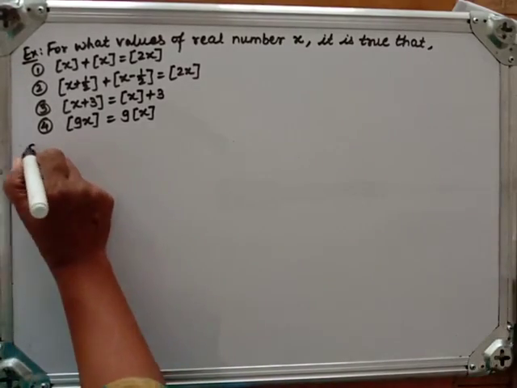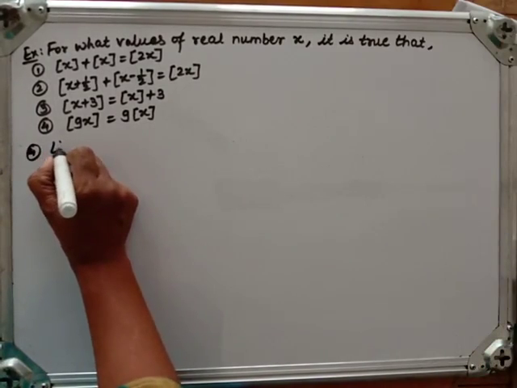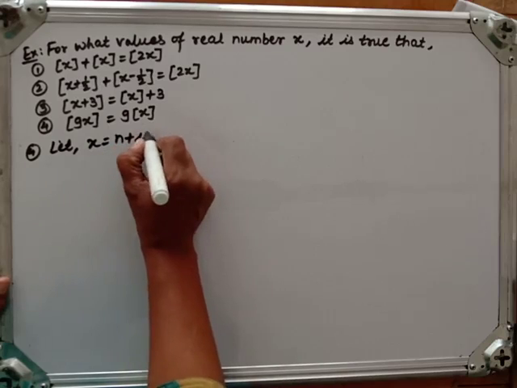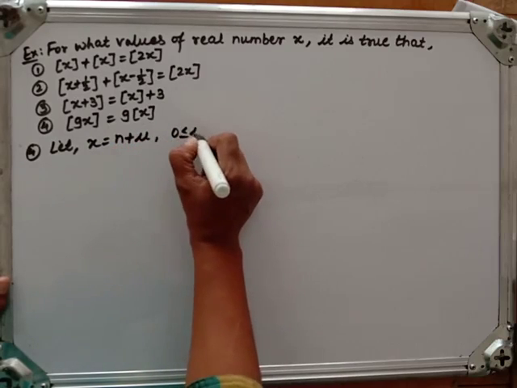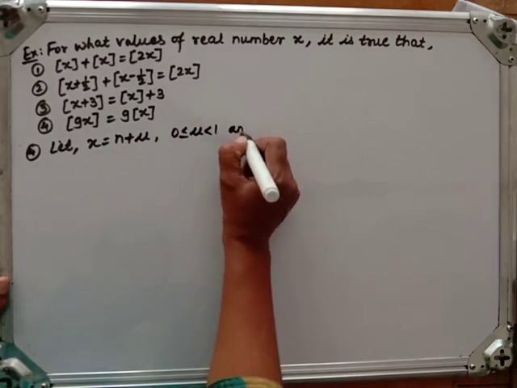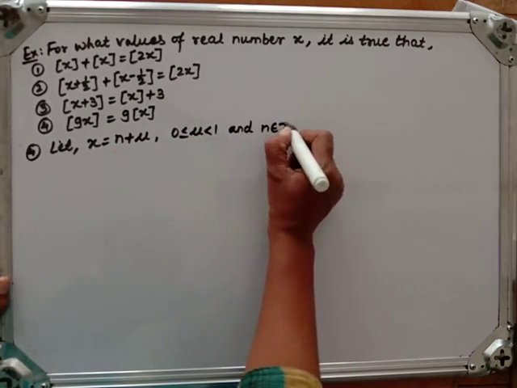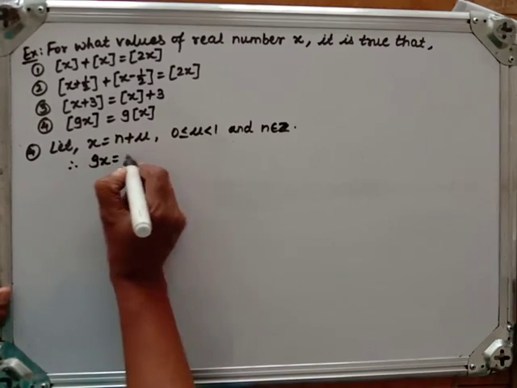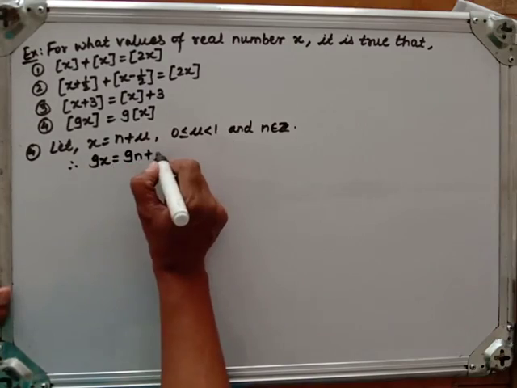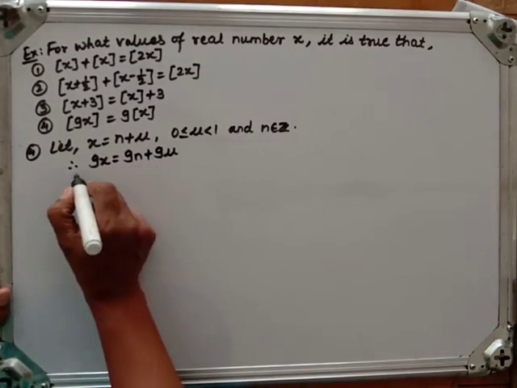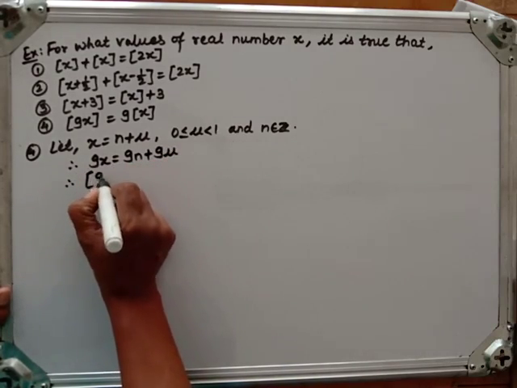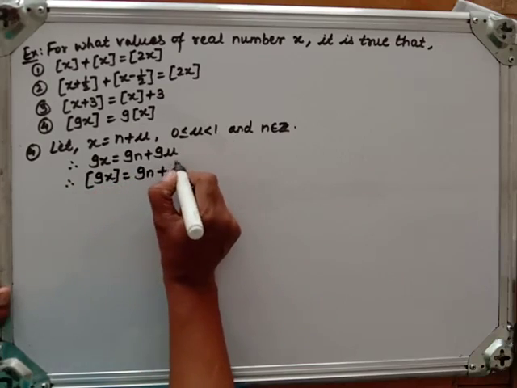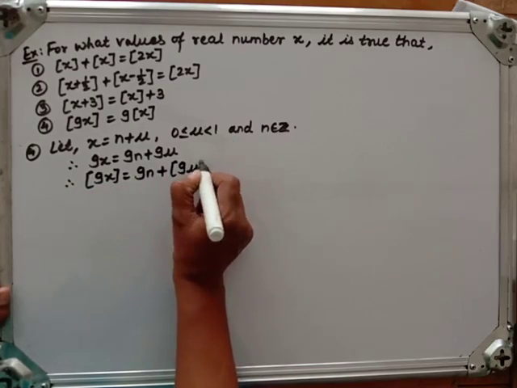Now let's take the next one. Fourth, let x is equal to n plus mu, 0 less equal mu less than 1 and n belongs to what? Z. Therefore, 9x is equal to 9n plus 9 mu. Therefore, greatest integer function of 9x is equal to 9n plus greatest integer function of 9 mu.